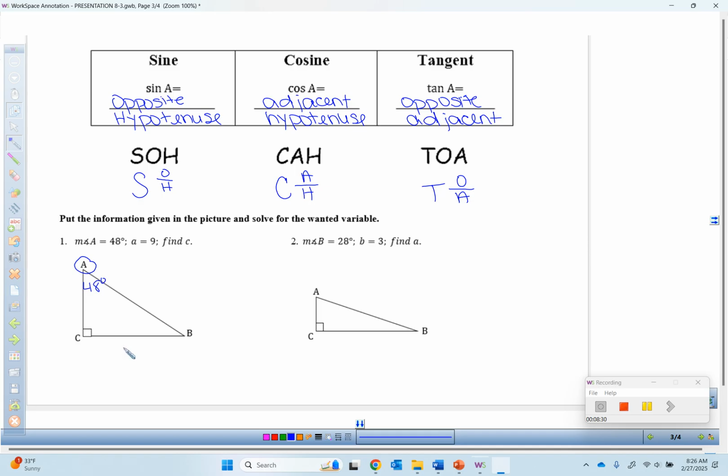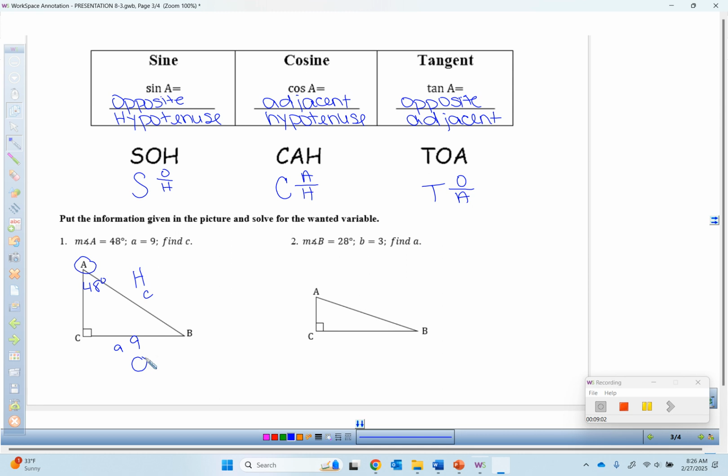Opposite of big A. So that's where little a is, and it is 9. Okay? And then it wants me to find C. Where's my C again? My hypotenuse, right? Little c. I'm going to put a big H for my hypotenuse. Okay? And also, I said that this is opposite, so I'm also going to put an O for opposite.